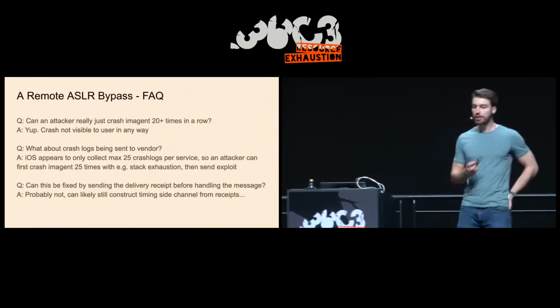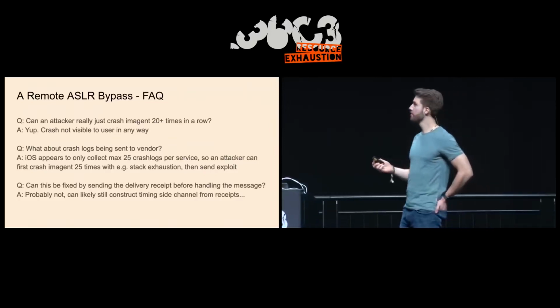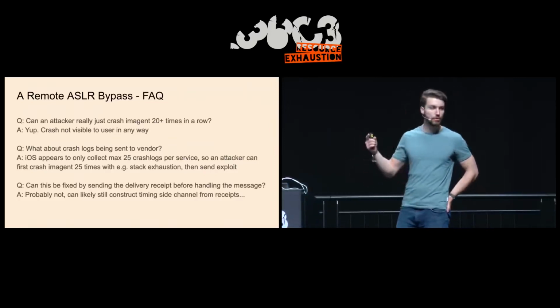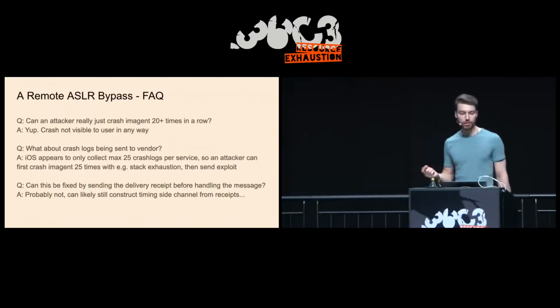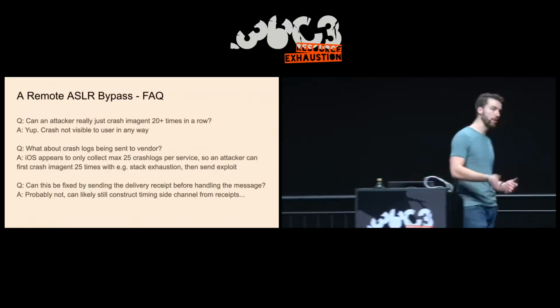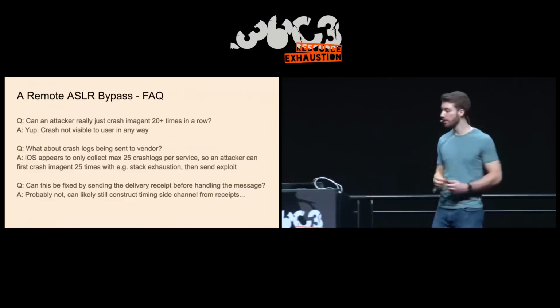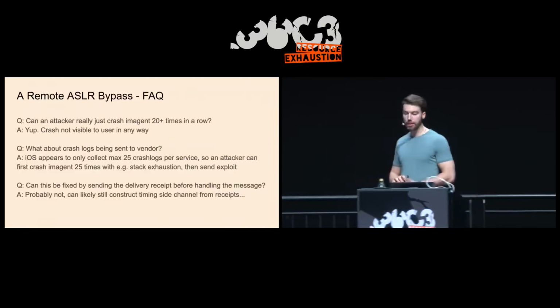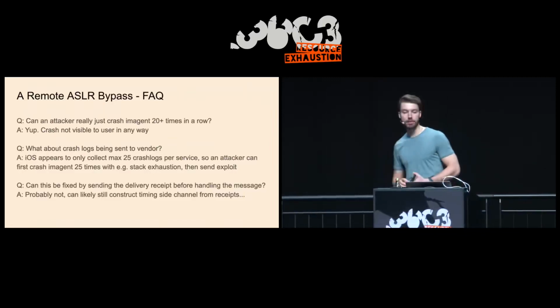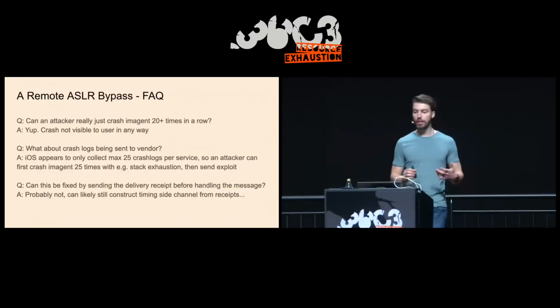Third question is whether this can be fixed by simply sending the delivery receipt very early on. I think this was my first suggestion to Apple, to just send this delivery receipt right at the start. Eventually I figured out it doesn't really work, because you can still make some kind of timing side channel, because when a daemon crashes multiple times, it's subject to some penalty, and it will only restart a few seconds or even minutes later.